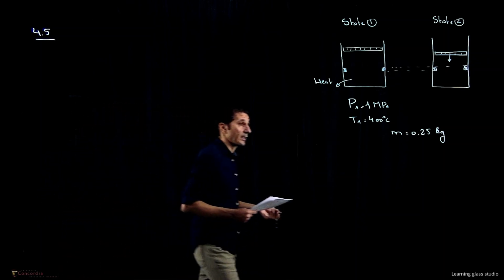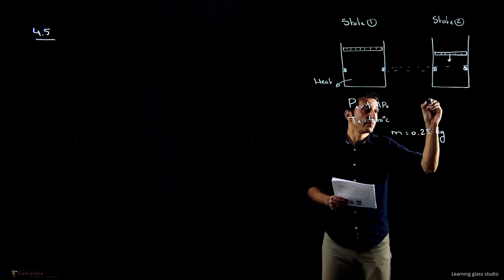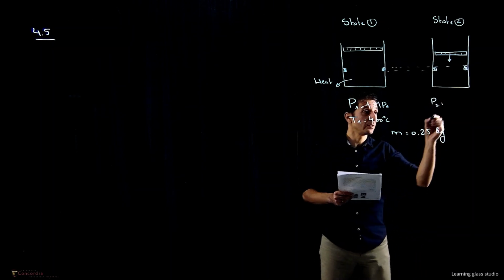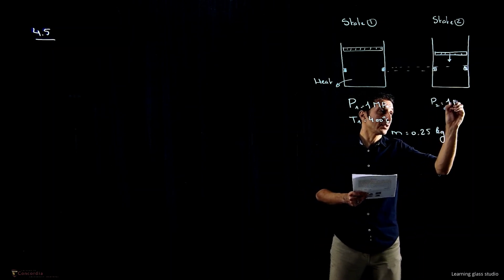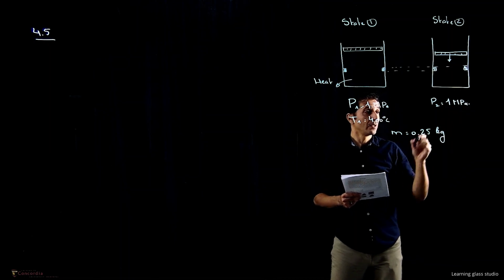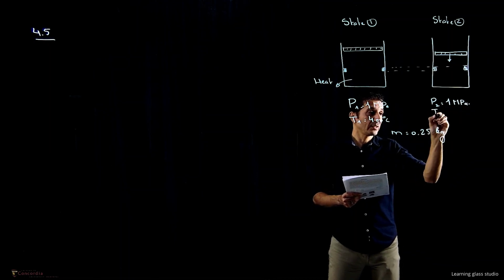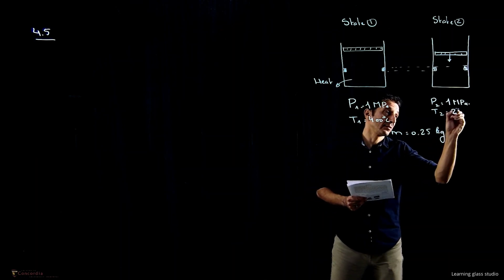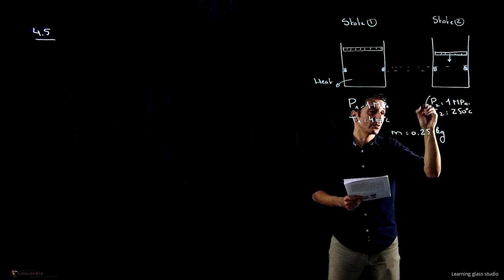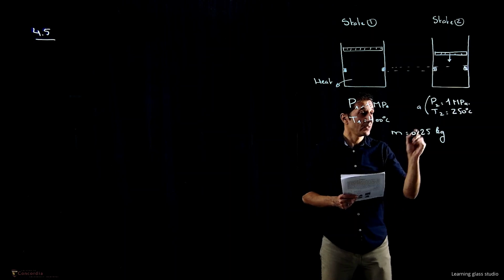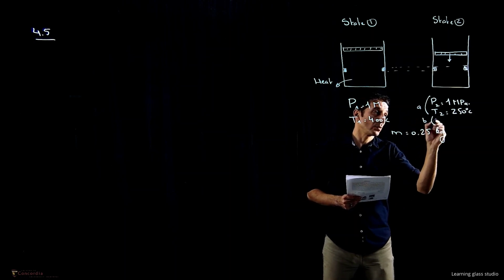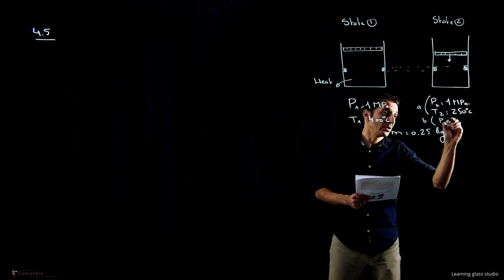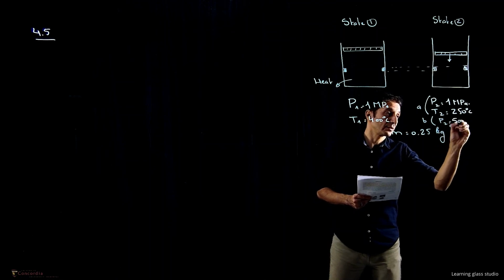The first one is P2 equal to 1 megapascal, and we were given T2 equal to 250 degrees C, so this is case A. And in case B, we are simply given that P2 is equal to 500 kilopascals.